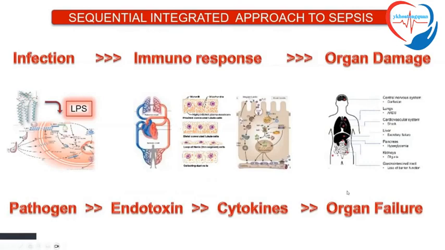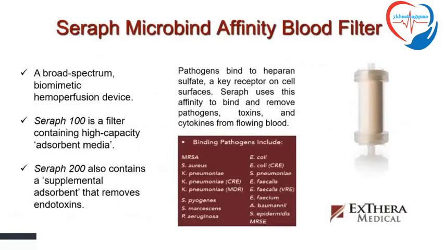So our idea is that there is a therapeutic window for every one of these specific targets. And if this is the case, we have adsorption today available for every different type of target. For example, there is a filter today capable of removing viral particles or even removing bacteria.